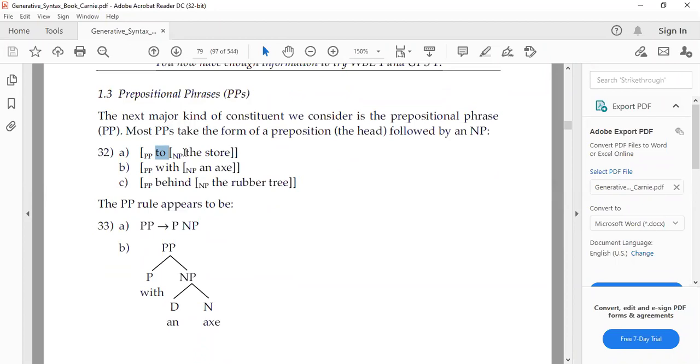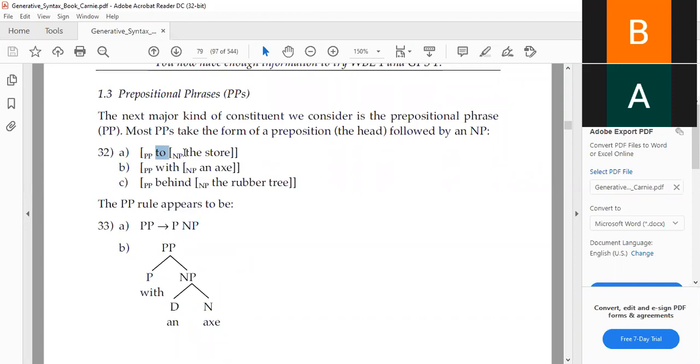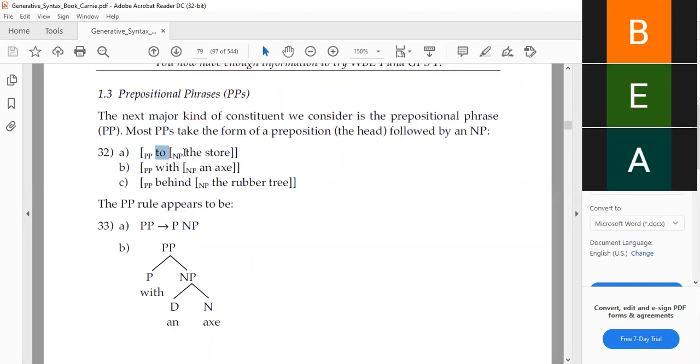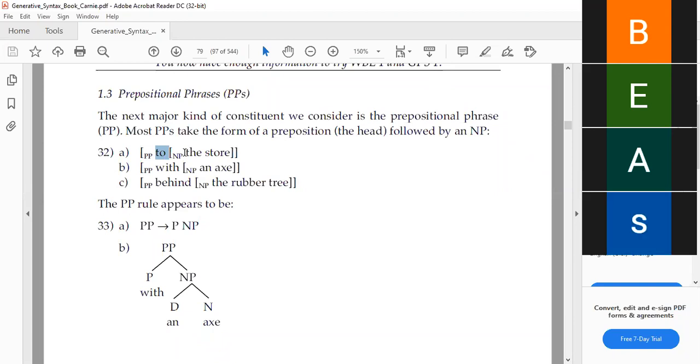We must have an NP. What do we call it? Noun phrase. Yes, noun phrase. What do we call it? 101 answer. Remember, in 101, the noun following the preposition is what? Object of a preposition. Yes, exactly. Object of a preposition.